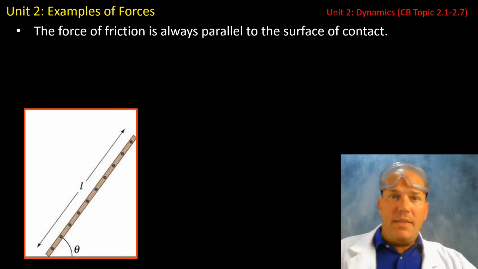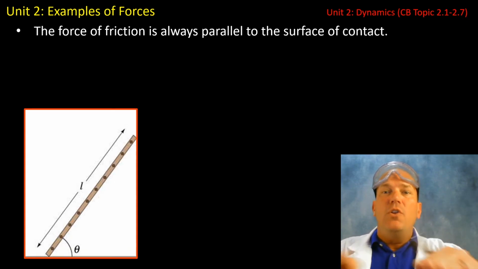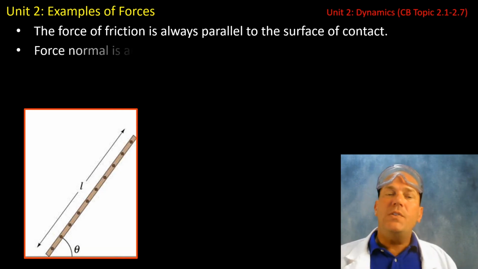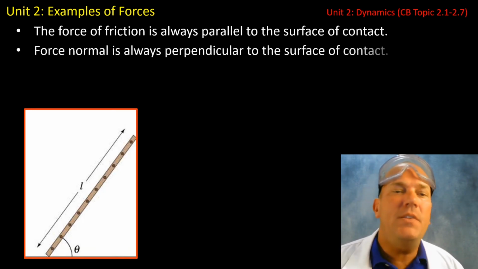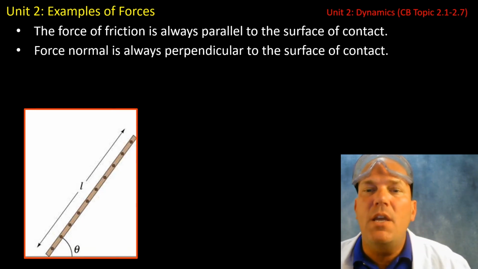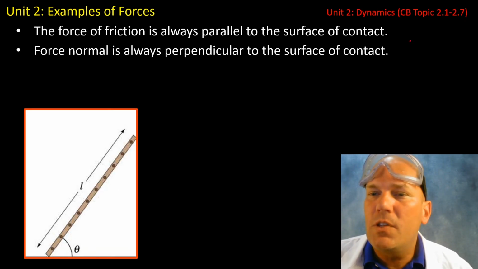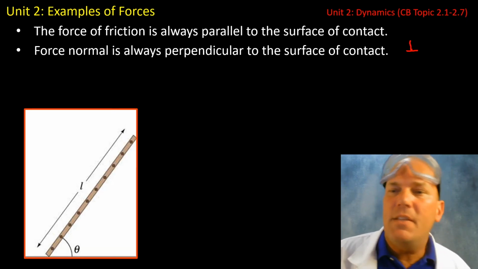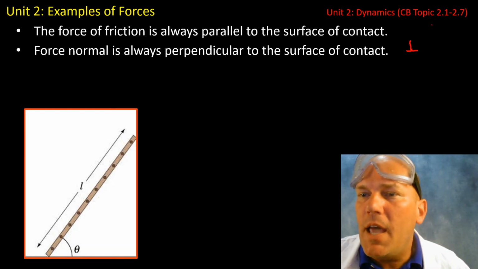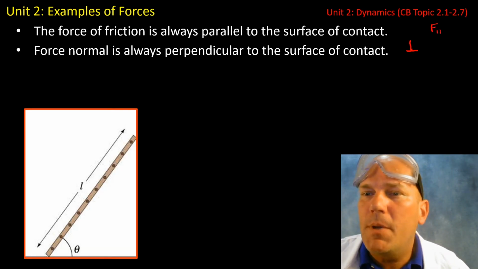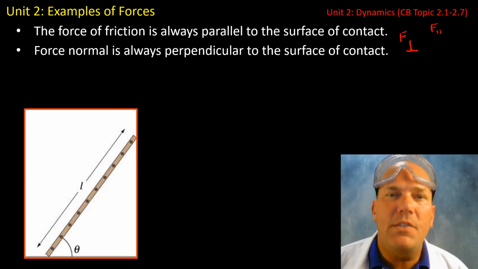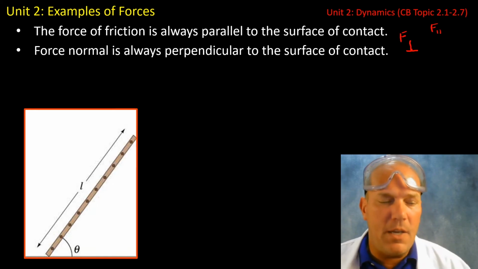And right and left were parallel to that surface, i.e. the road. Also, force normal, as I've said, is always going to be perpendicular to the surface of contact. Okay, so these will be denoted as a force that is parallel and a force that is perpendicular, which I've already exposed you to in our studies of kinematics.